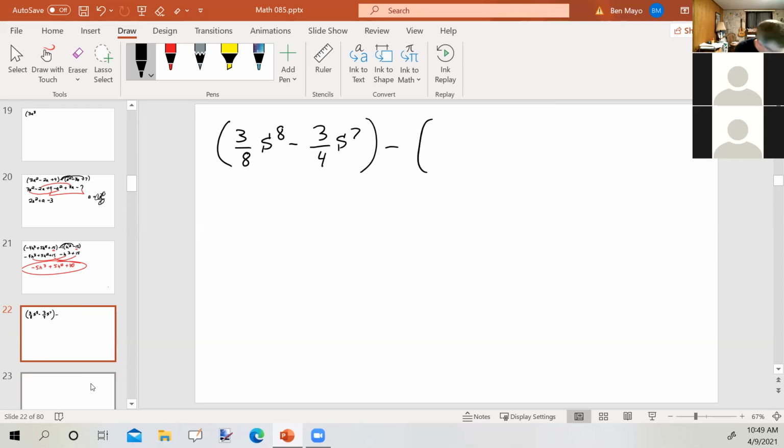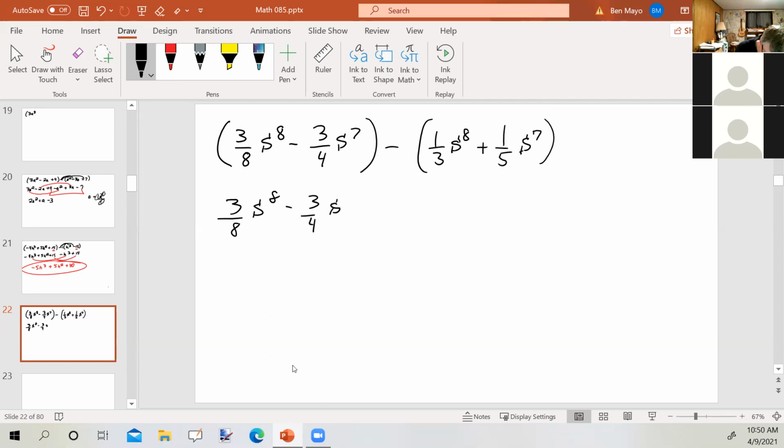That whole thing minus the quantity 1/3 s to the 8th power plus 1/5 s to the 7th power. All right. So there's nothing in front of the first set of parentheses, so we'll just recopy the inside contents without the parentheses grouping symbol. Here we've got to distribute the subtraction. So we're going to get minus 1/3 s to the 8th and minus 1/5 s to the 7th.